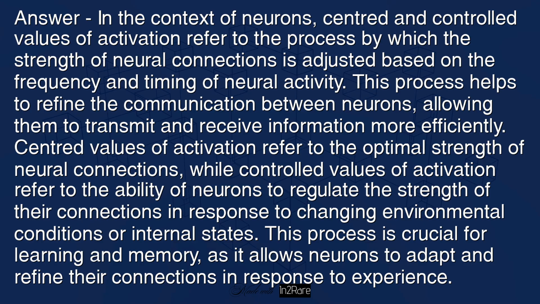Centered values of activation refer to the optimal strength of neural connections, while control values of activation refer to the ability of neurons to regulate the strength of their connections in response to changing environmental conditions or internal states. This process is crucial for learning and memory, as it allows neurons to adapt and refine their connections in response to experience.